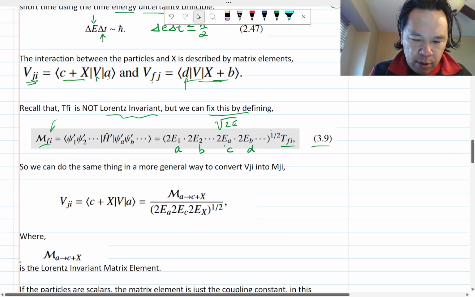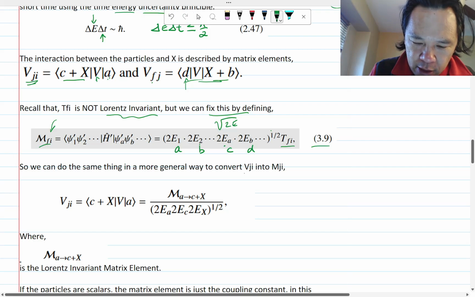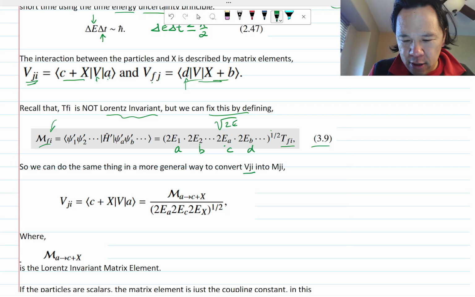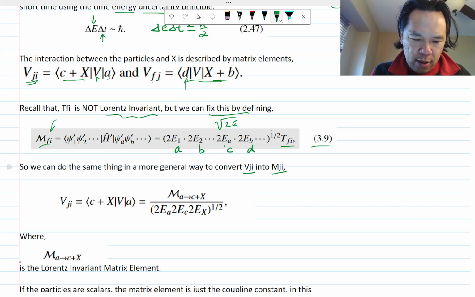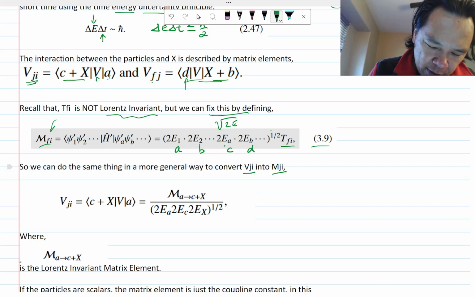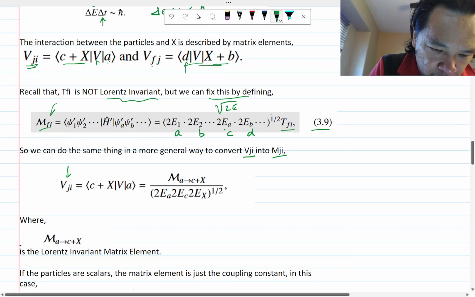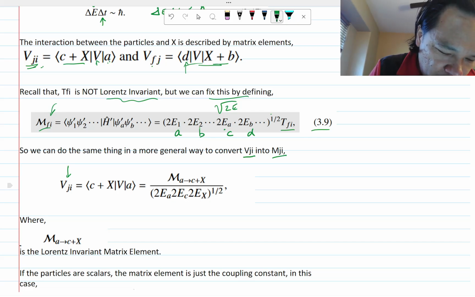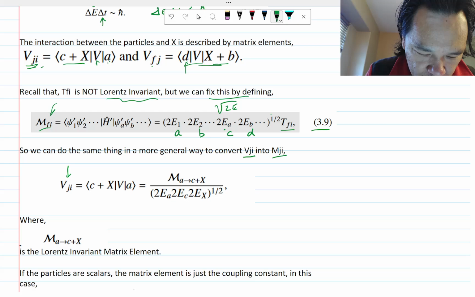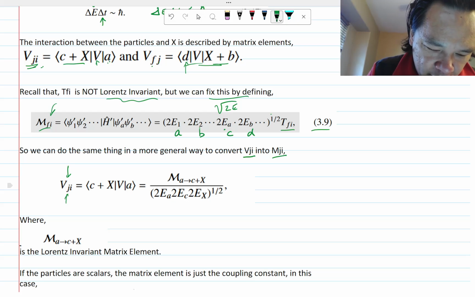So we can do the same thing and convert these VJI to MJI. So this VFI would have VJI up here. Sorry, I always forget this intermediate one.